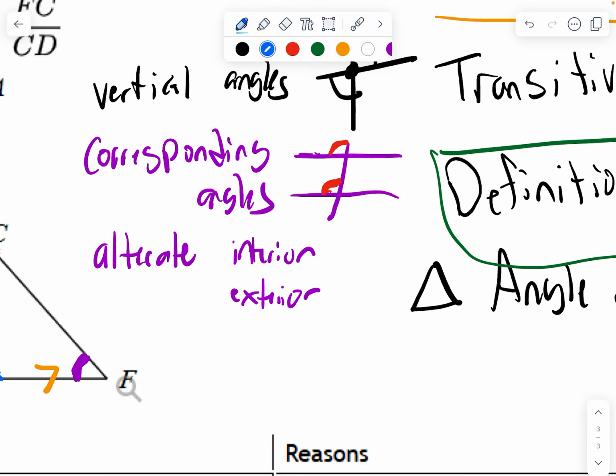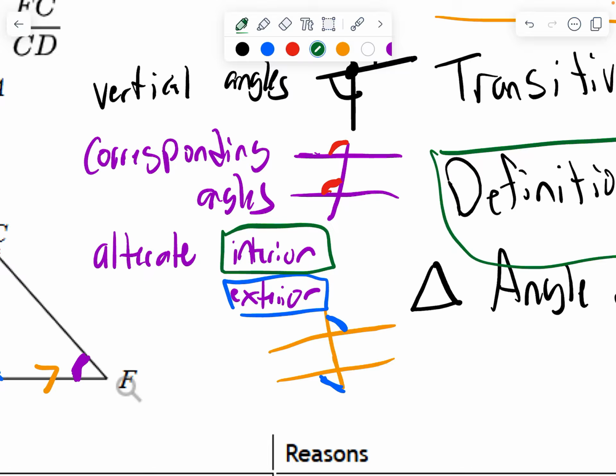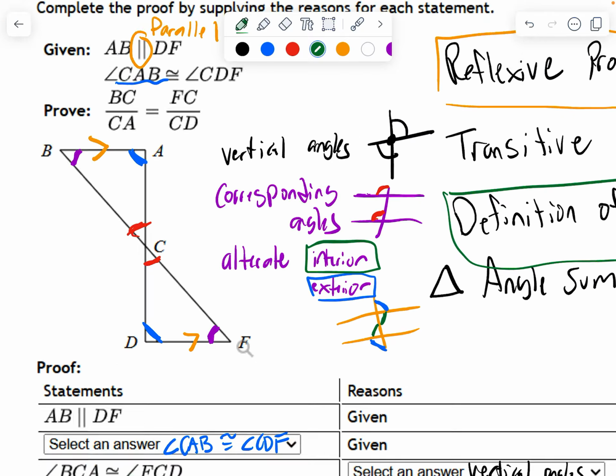Alternate interior and exterior. Exterior means outside, interior means inside. So when we're looking at my transversal and parallel lines, the exterior angles would be outside of the parallels, but on alternate sides of the transversal. That is an example of exterior. For interior, we talk about things that are inside the parallel lines, but on alternate sides of the transversal.